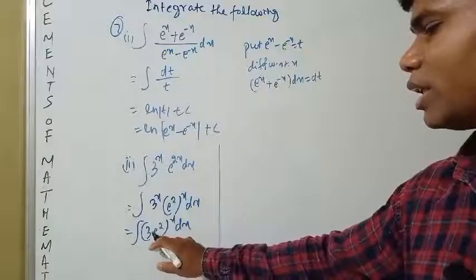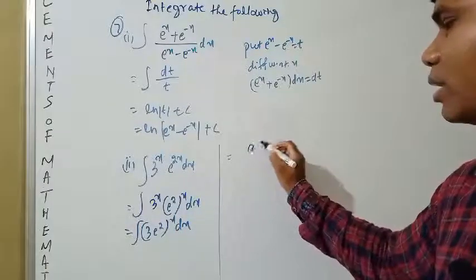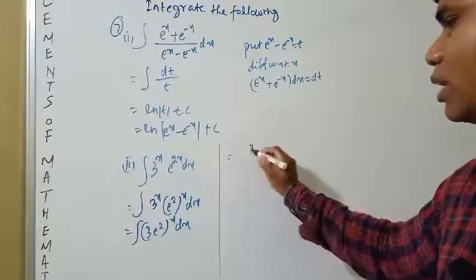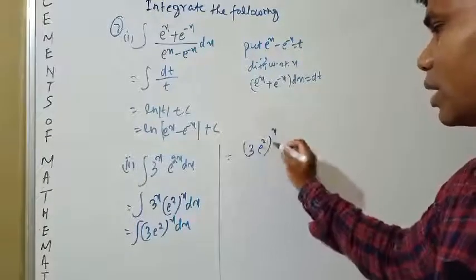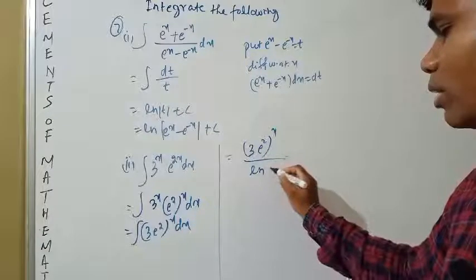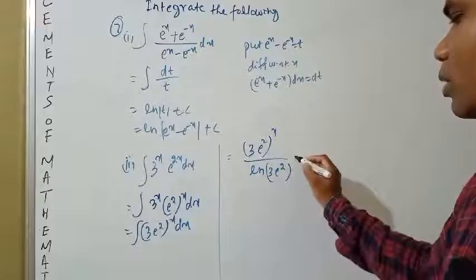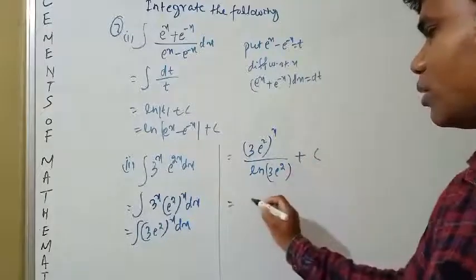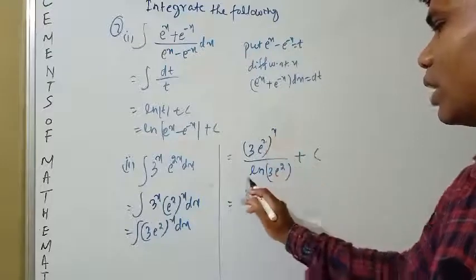You consider a to the power x, that is a to the power x by ln a. Okay, that is 3 to the power x e to the power 2x by ln 3 plus ln e to the power 2 plus c, and this is equal to originally how much?